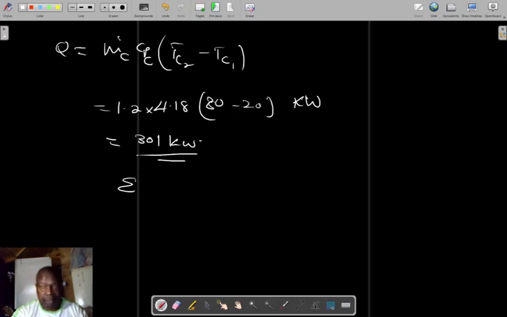Now our epsilon, the effectiveness, is equal to 301 divided by 702.8, which is equal to 0.428.